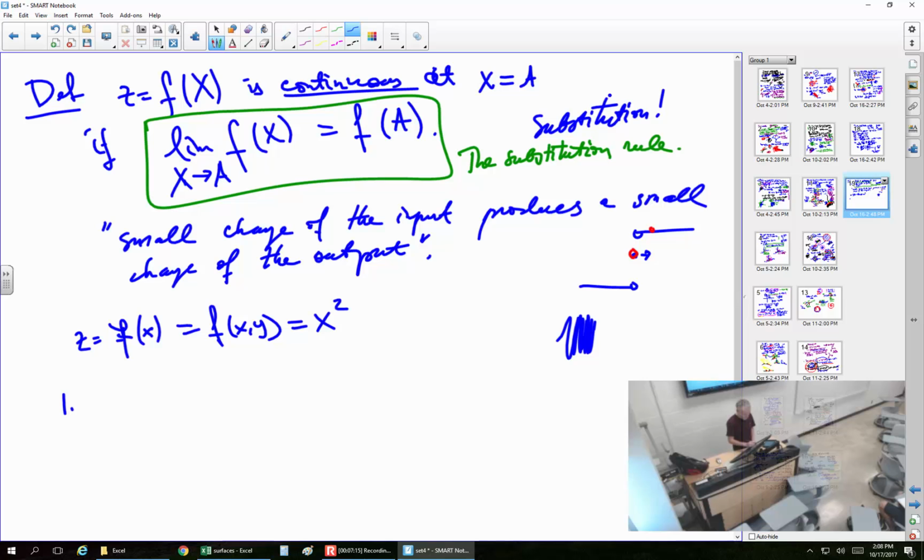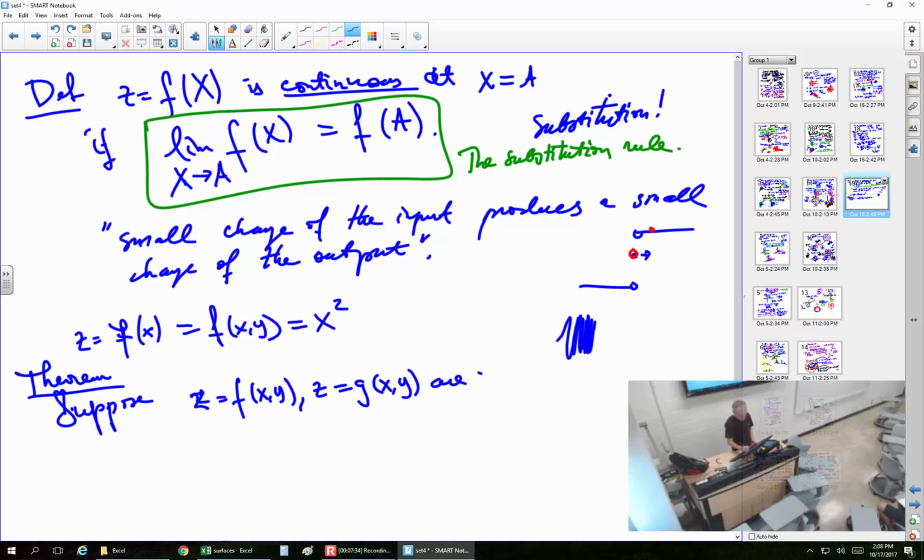So if I want to write it out, it is pretty much restating the same four facts, but in a more narrow sense. So suppose y equals f of x, y, and z equals g of x, y are continuous at (x, y) equal (a, b), and certainly it's applicable to any other dimension, any number of variables.